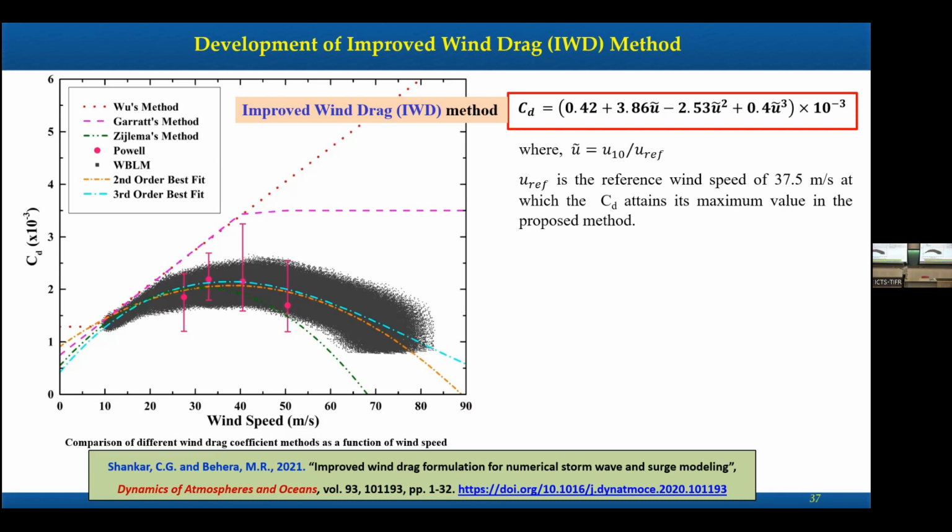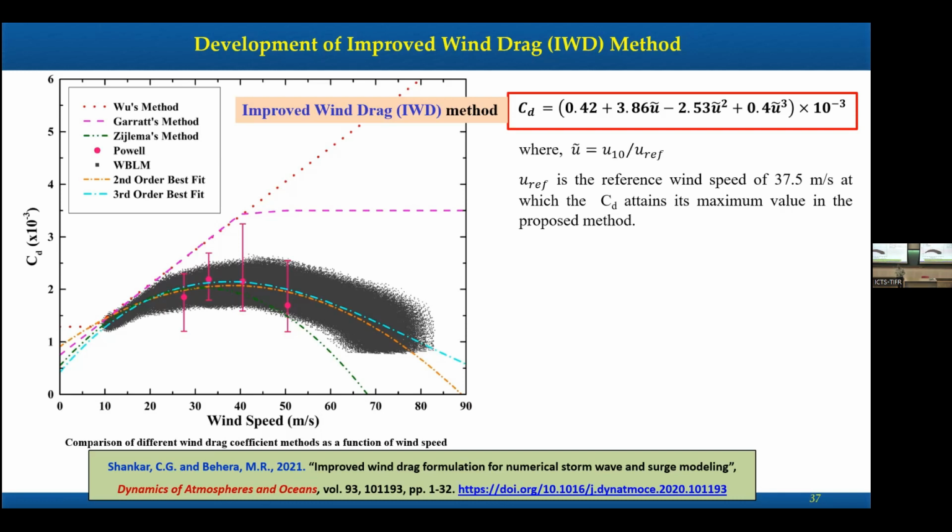In this, you can see the wind drag coefficient, which transfers the wind energy to water, is the major parameter. That was defined by various formulations, and you can see there are a number of formulations available. The one initially proposed increased linearly, and then there is another formulation which goes up and is then cut off at a certain wind speed.